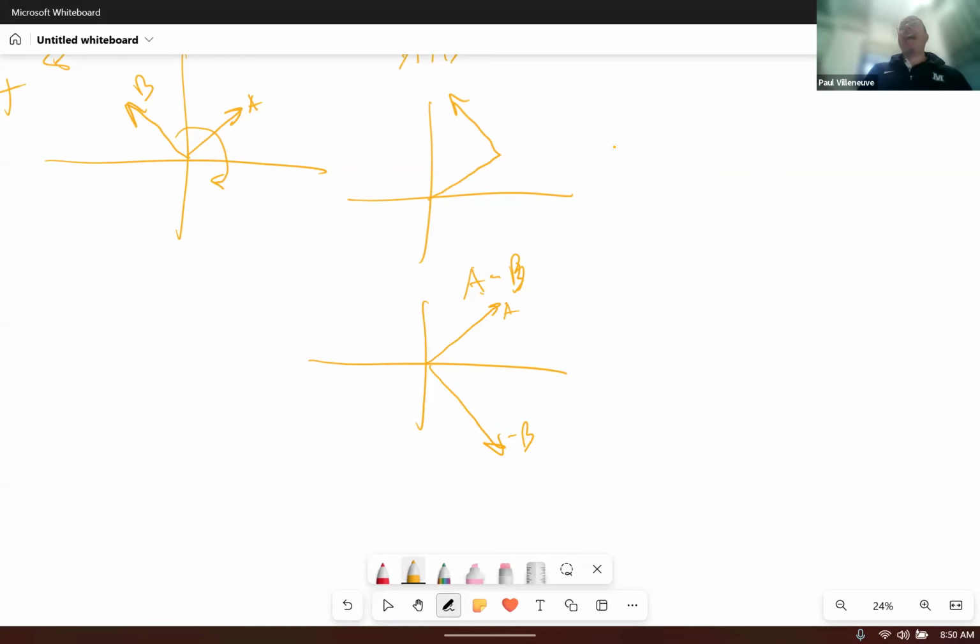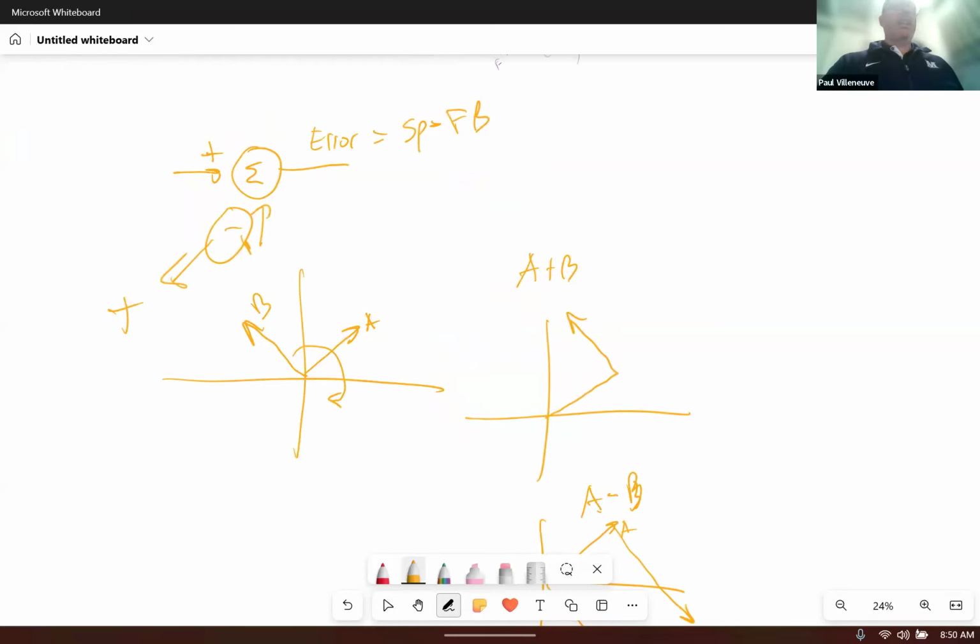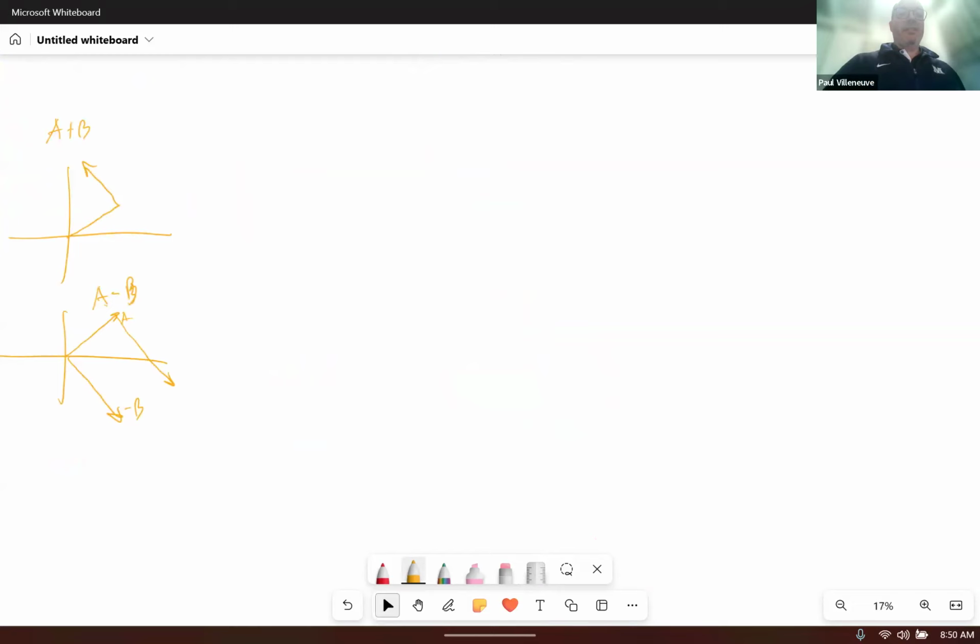Well, so the way that you add negative vectors is you phase shift by 180 degrees. So this becomes a negative number by phase shifting it by 180 degrees. So that brings up a concept.